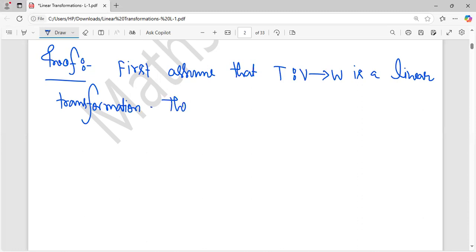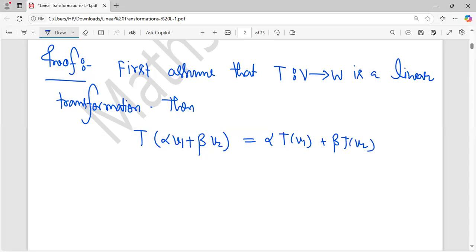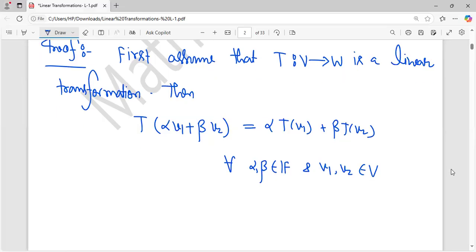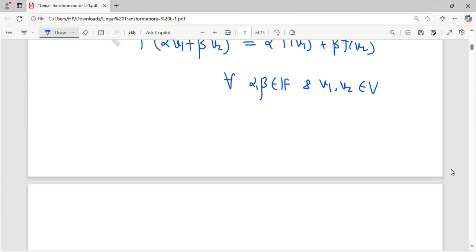Then T of alpha v1 plus beta v2 is equal to alpha T v1 plus beta T v2, for all alpha, beta belonging to F and v1, v2 belonging to V. Take alpha equal to beta equal to 1.